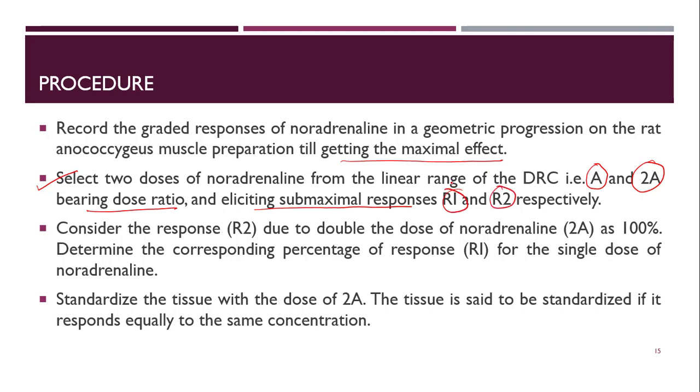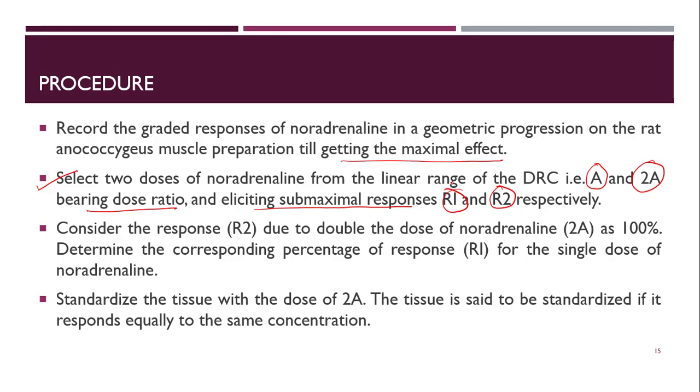Understand, we have said submaximal responses. Whenever we select the dose, we should not select the dose which gives the maximum response. We have to select the dose which is earlier to it.